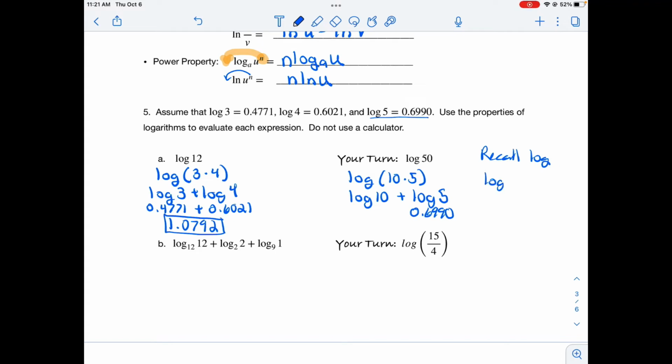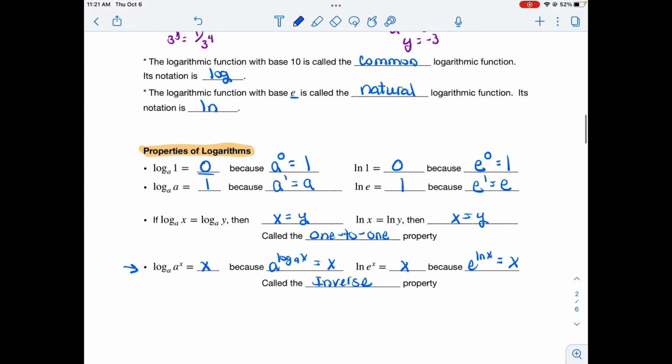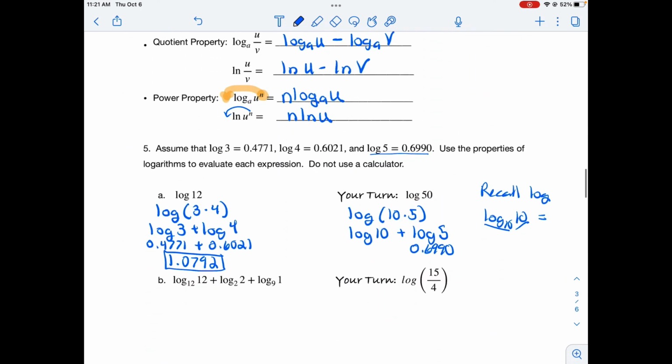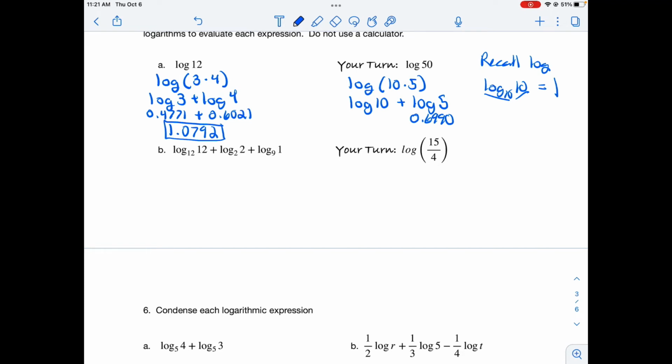So when you see log of 10, that's actually understood to be log base 10 of 10. And remember, when you have a log with a base to the same power, we had that property at the very beginning that is equal to 1. Log base a of a is 1. So that means I can replace this common log of 10 with 1. So that becomes 1 plus 0.6990, which is 1.6990.